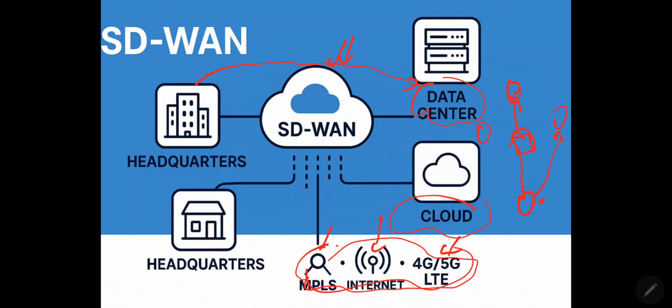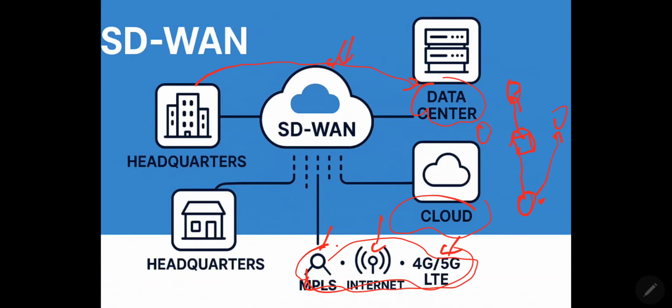This is the media transport for SD-WAN, and each of these has different characteristics. I hope you understand the concept of SD-WAN, software defined wide area network. It is different compared to traditional WAN.